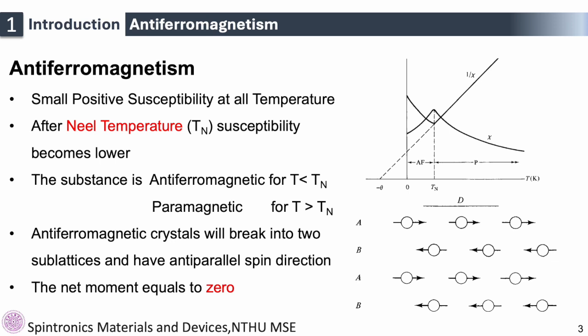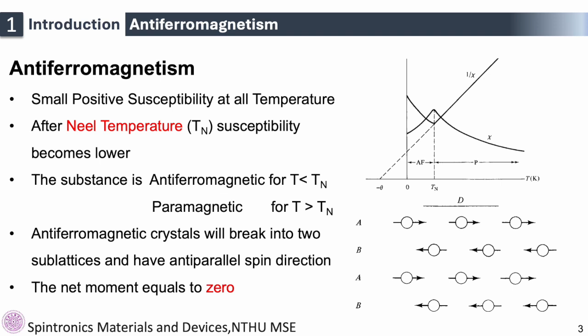Below the Néel temperature, antiferromagnetic substances tend to have an antiparallel alignment of magnetic moments, and the moments are strong enough to act even in the absence of an applied field, since the randomizing effect of thermal energy is low. The lattice of magnetic ions in the crystal then breaks up into 2 sublattices.